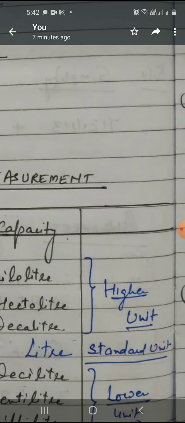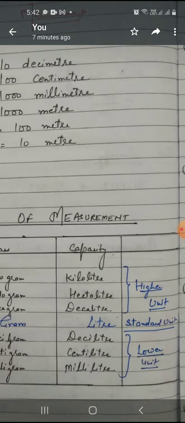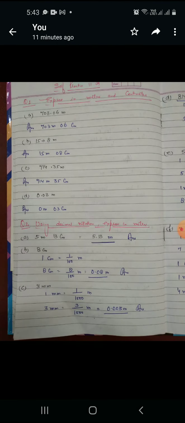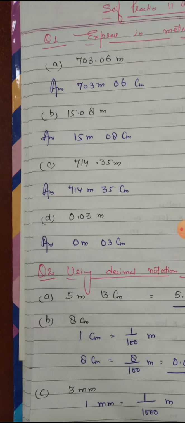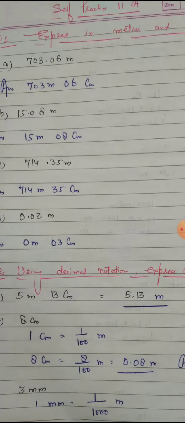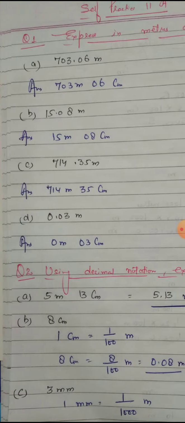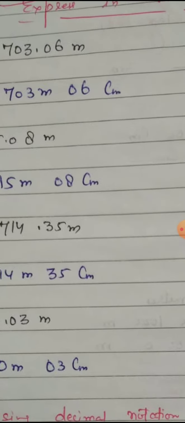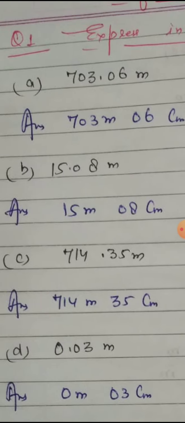Now we learn about conversion. Suppose you are going to convert 703.06 meter into meter and centimeter. This decimal plays a very important role in these sums. In this, 703 meter and 0.06 becomes centimeter, because 1 meter is equal to 100 centimeter.